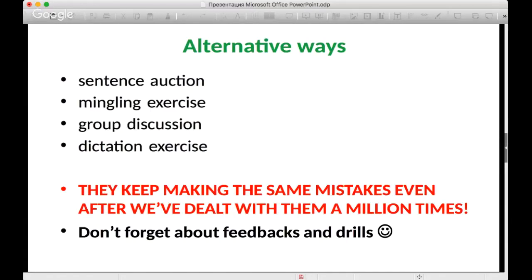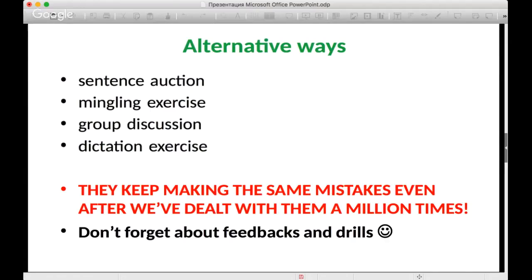Especially drills are really important if you work with low levels. When your students make a mistake, you ask them just to change the sentences and say something about themselves. Like if you have the sentence, "I know she wake up at 6 o'clock," and you have already corrected it, and your students already know that it's correct to say "she wakes up at 6 o'clock."